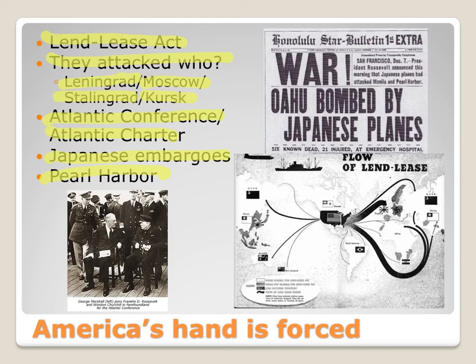Unfortunately for the Japanese, and fortunately for the Americans, we get very lucky. The main target of the Japanese planes that attack Pearl Harbor are the aircraft carriers, the United States aircraft carriers. All of the aircraft carriers happen to be out at sea when the attack is launched. Had the aircraft carriers been at Pearl Harbor, they certainly would have been the target of the attacks.